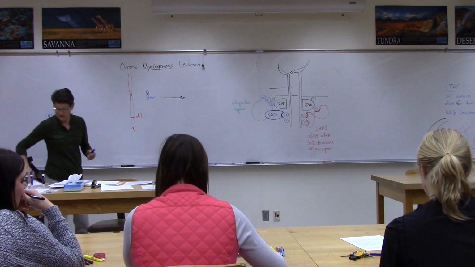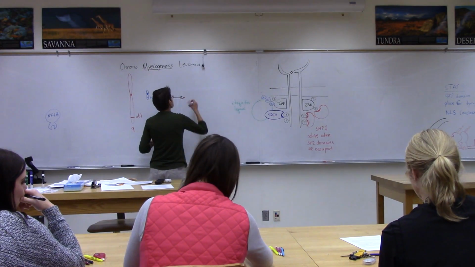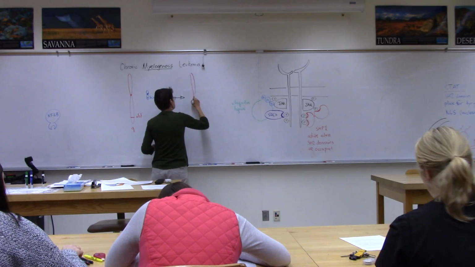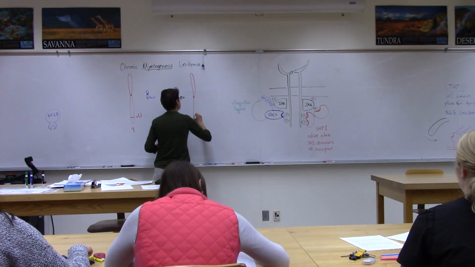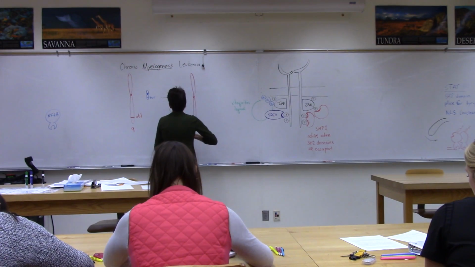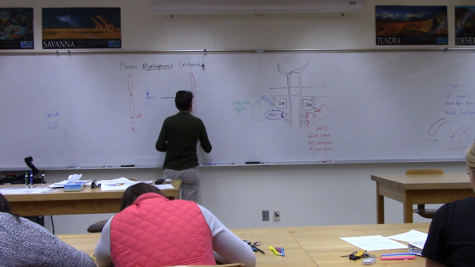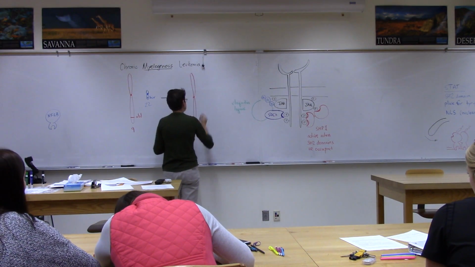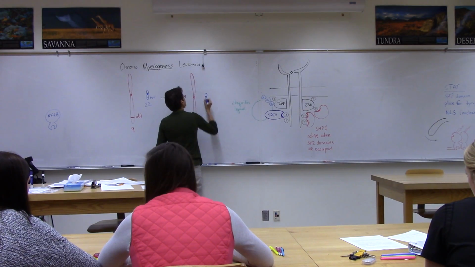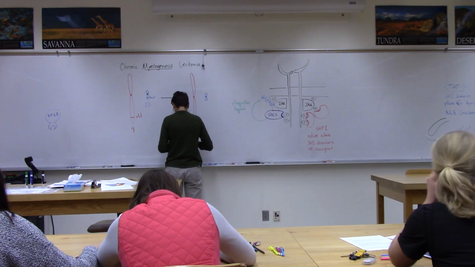And in this case, you end up with a chromosome translocation where a part of chromosome 22 and 9 swap places.